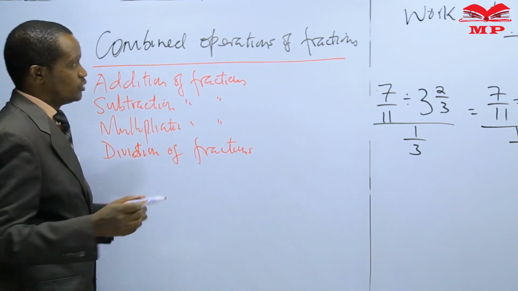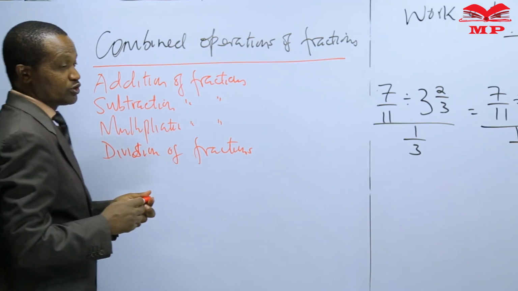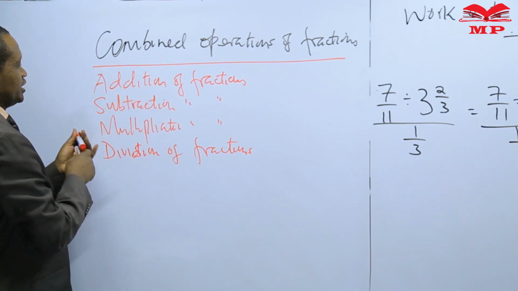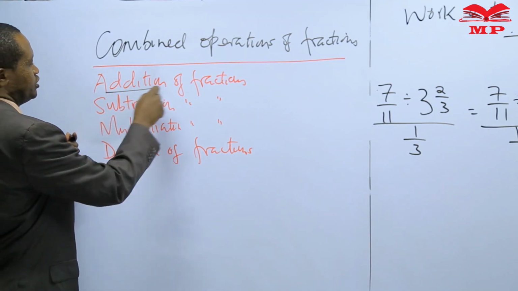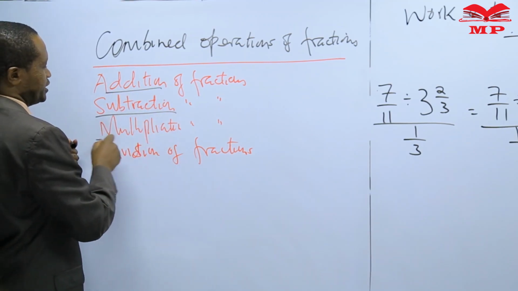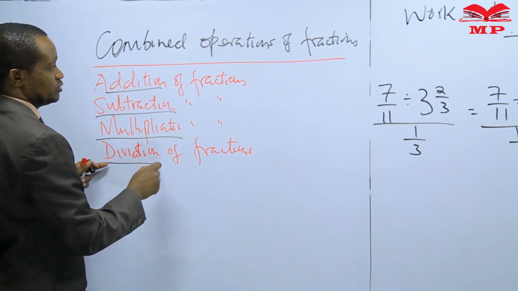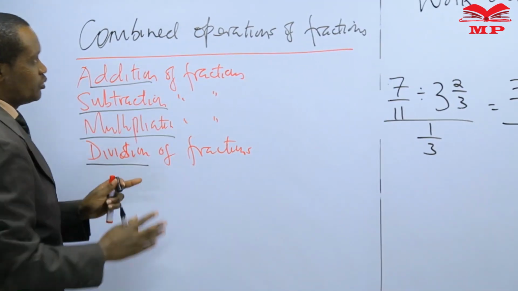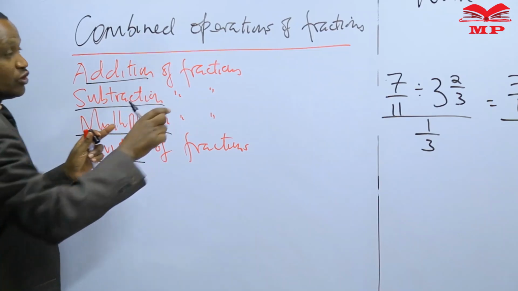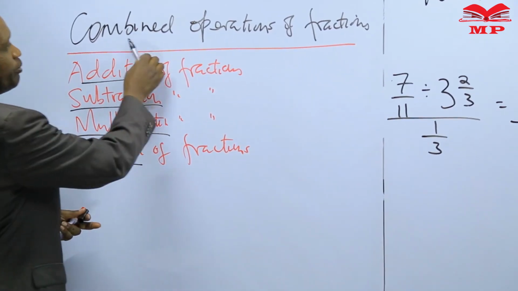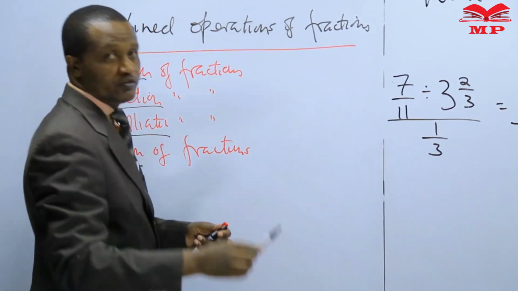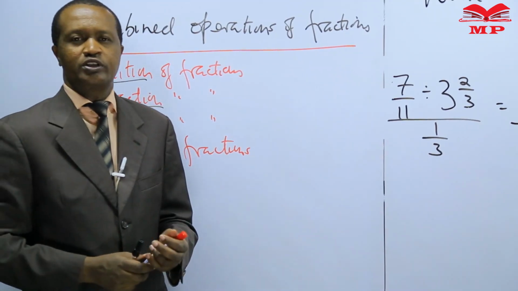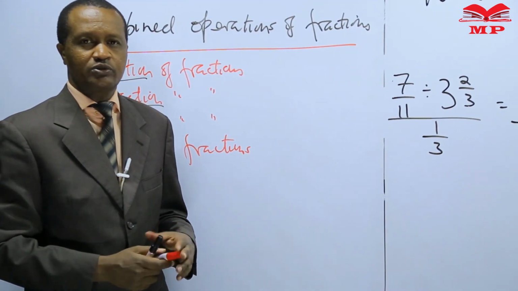In our next lesson, we'll see how to work out problems where the operations are addition, subtraction, multiplication, and division. We learn how to work out problems where the operations are combined, what we are calling combined operations of fractions.